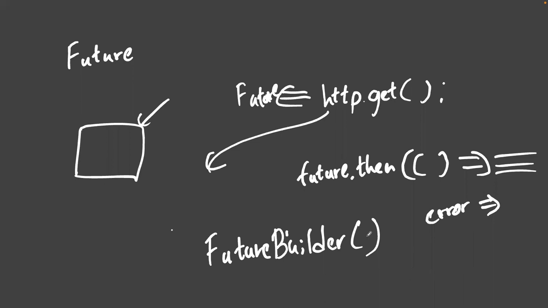Until that finishes, we can return something, right? In FutureBuilder, basically it returns a widget. So until that task finishes, we can return something like a loader there. After we get the value, we can show that value.